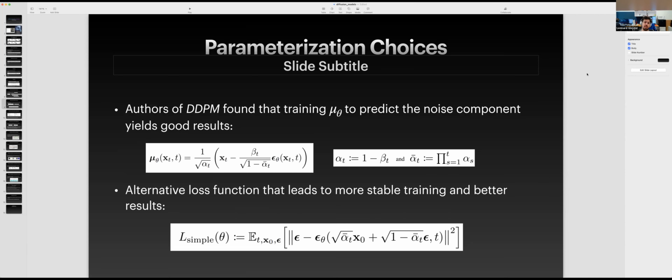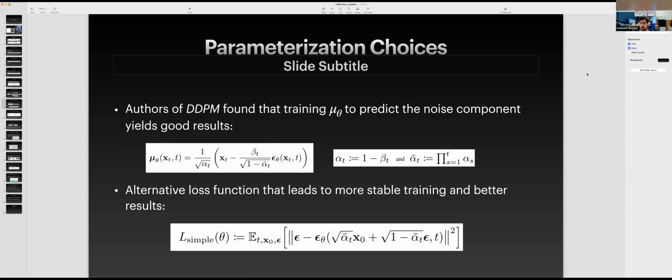And the authors of the paper found that training mu theta, so the parameterization of the mean of the process, they trained it to really predict the noise component of the process. So the actual parameterized component of mu is parameterizing the epsilon.